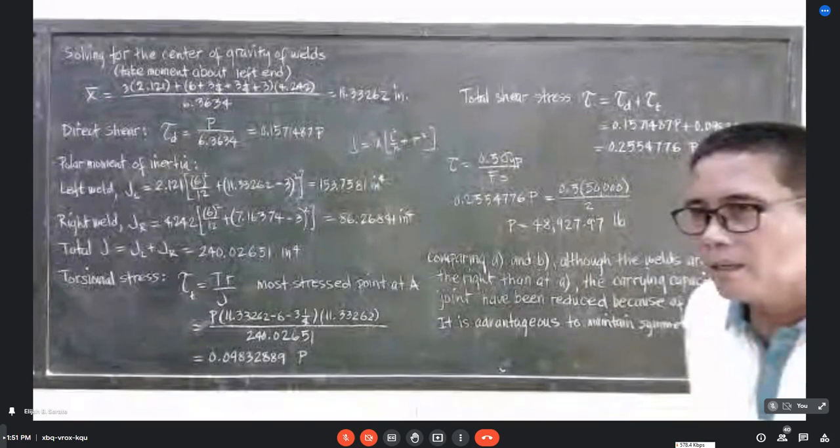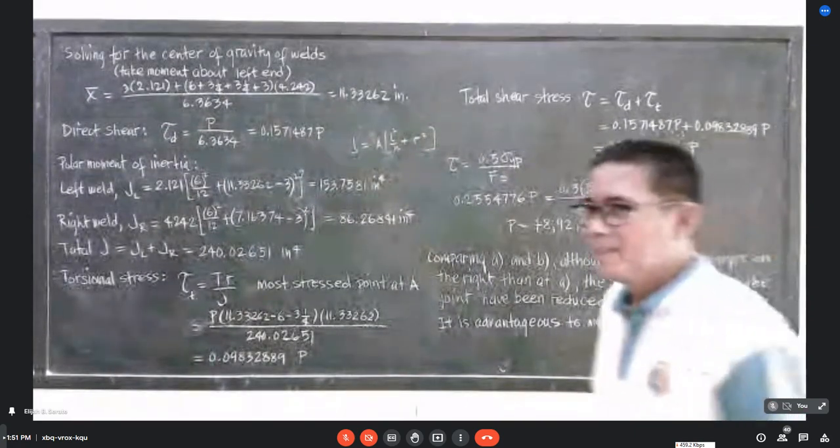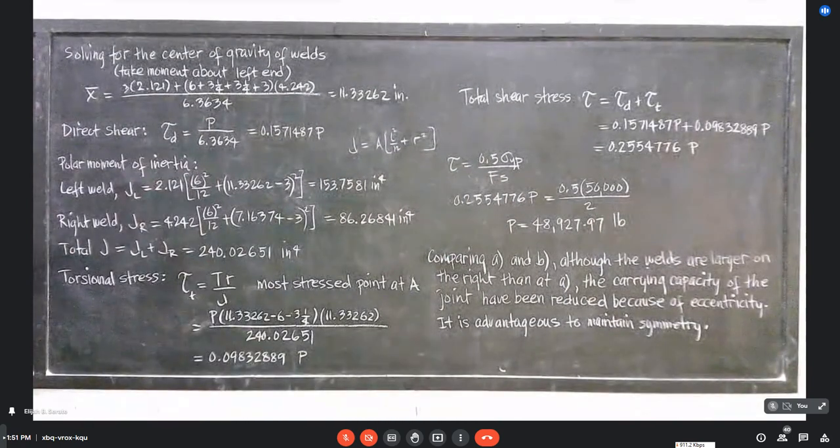Is that anomalous? When we reinforce it, it becomes weaker. Is that correct? It seems to be anomalous, no? Because based from this one, it is 53.